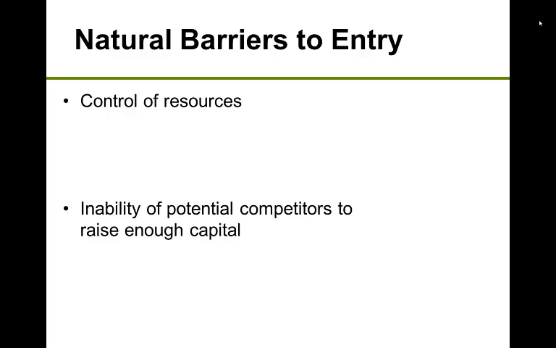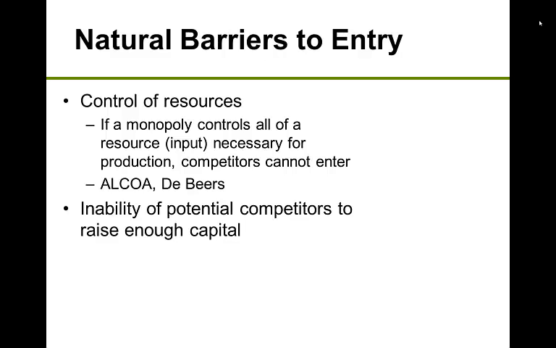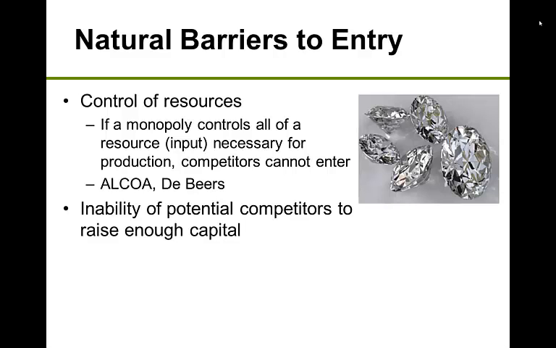So what could cause barriers to entry? Well, one thing could be control of scarce resources. The classic example here are diamonds. And another good example, although it's not really true anymore, is aluminum. In the early 1900s, Alcoa, which is short for the Aluminum Company of America, owned 90% of the world's bauxite, and that is basically the essential ingredient in making aluminum.